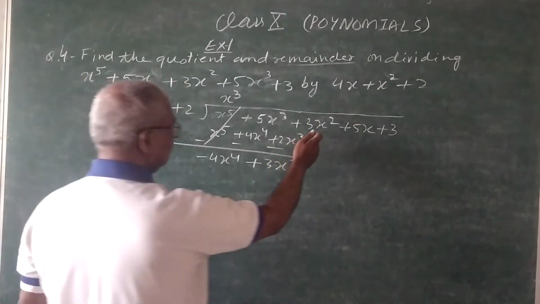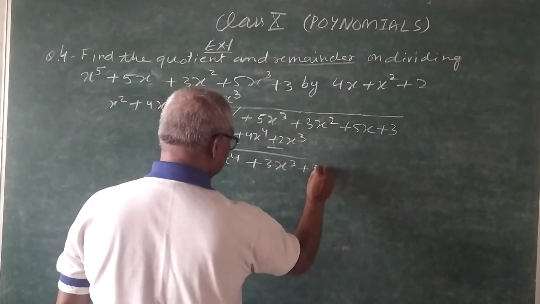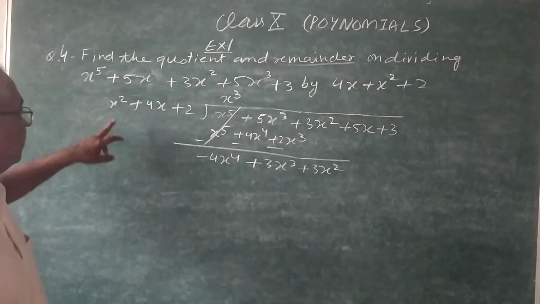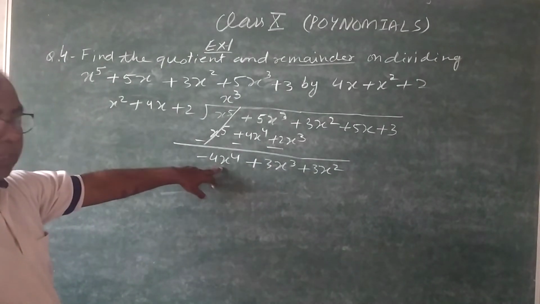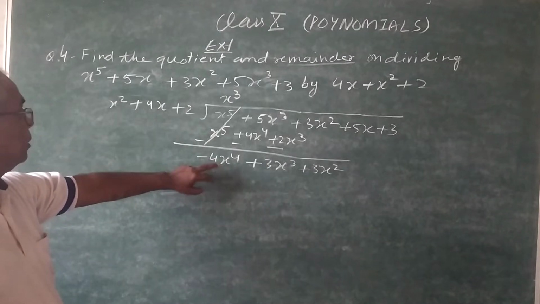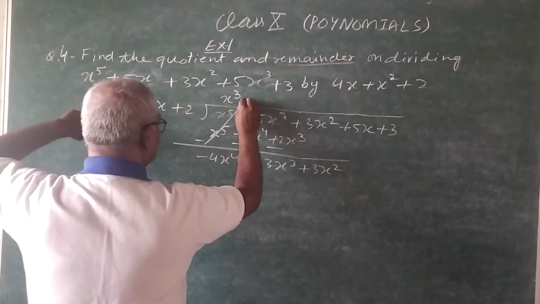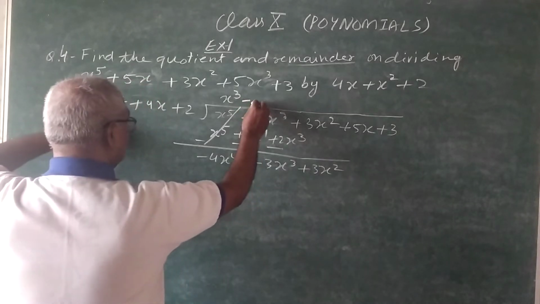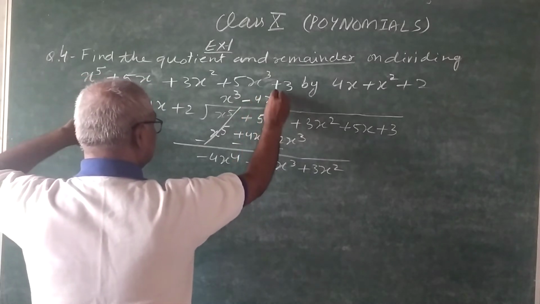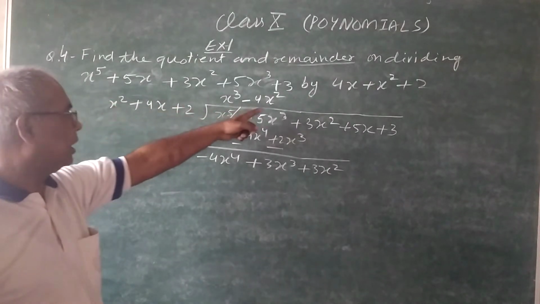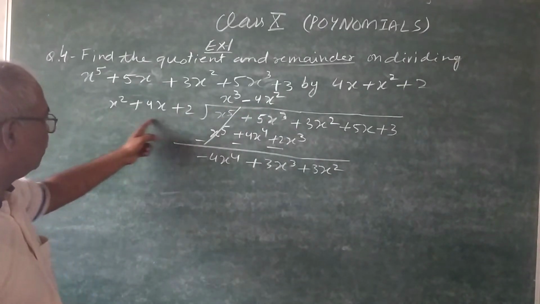Now take this one, plus 3x square. Now minus 4x to the power 4 divided by this x square, it becomes how many times? It takes minus 4x square. So minus 4x square multiplied to this whole polynomial.